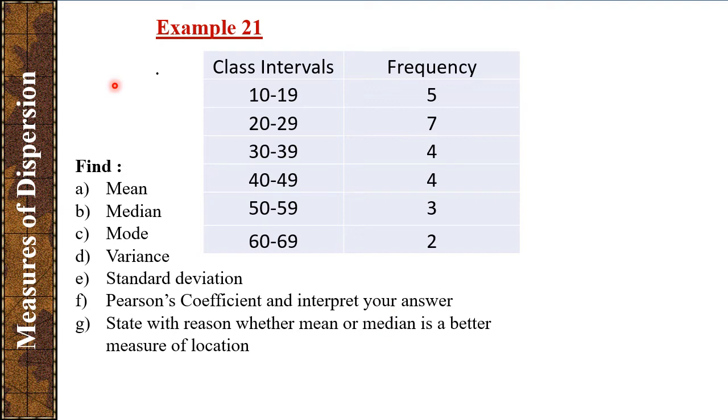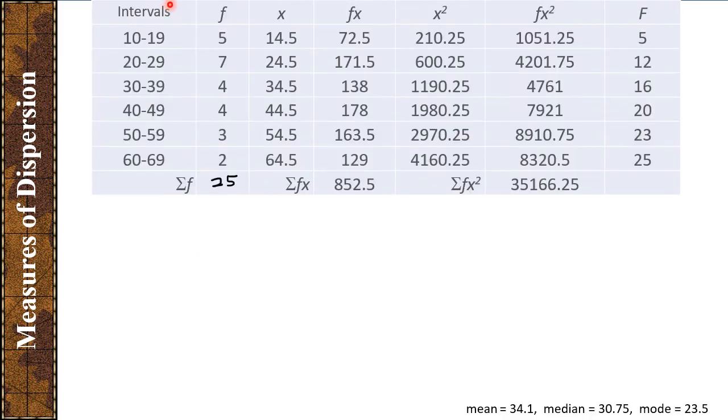Always remember, if we have a class interval like this, you have to add another column to make it easier for us to calculate the related parameters. Such as if you want to find the mean, you have to find the midpoint x, and then fx.